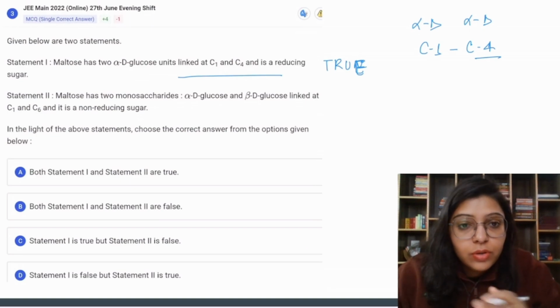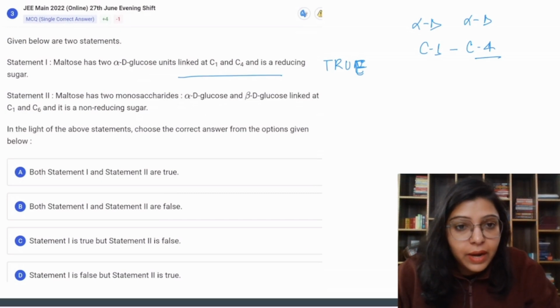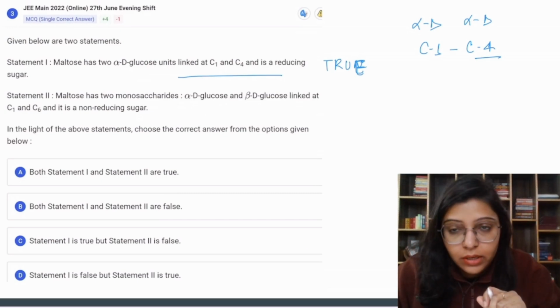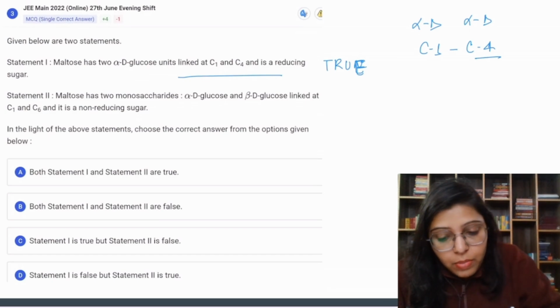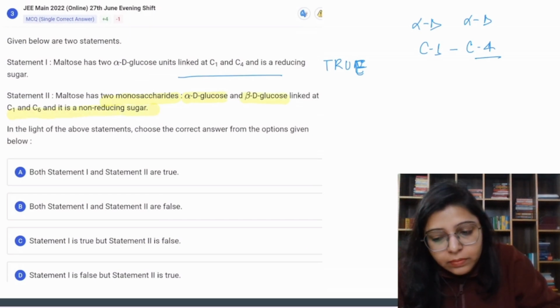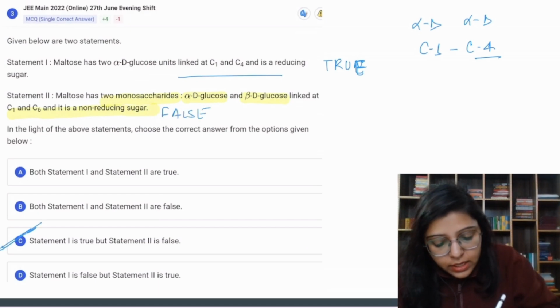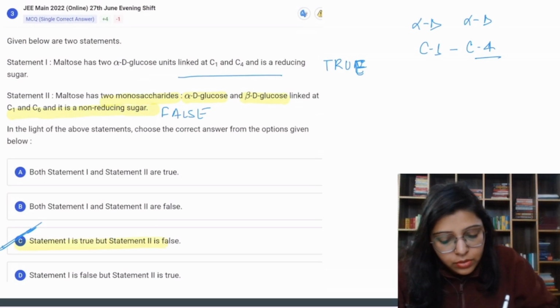Except for sucrose, in every other carbohydrate, we have 1 and 4 glycosidic linkage. In sucrose, we have 1 and 2 glycosidic linkage. So here maltose has two monosaccharides, alpha D glucose and beta D glucose linked at C1 and C6, and this is false. So statement 1 is true, but statement 2 is false.